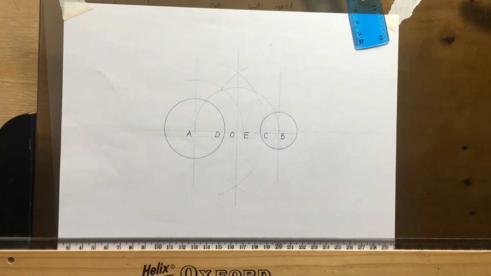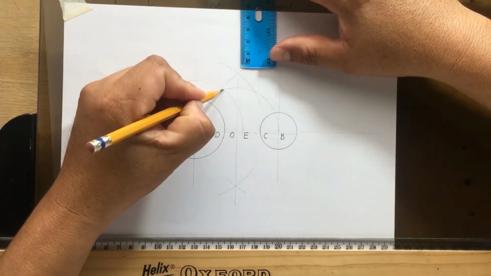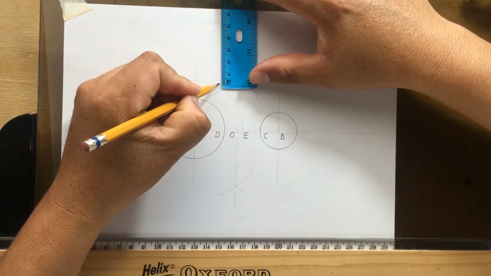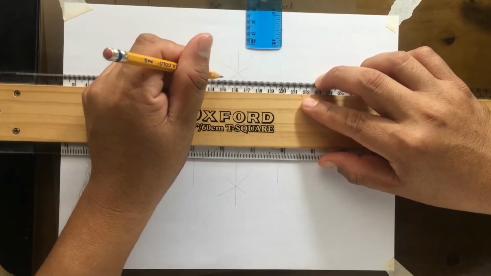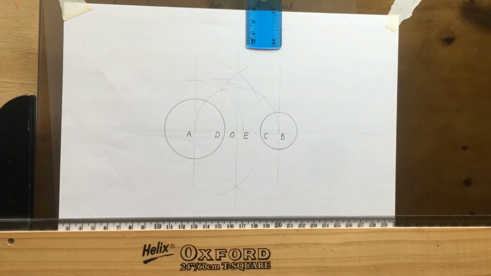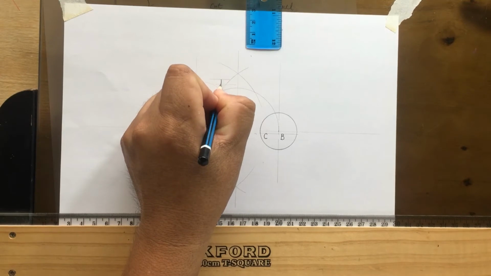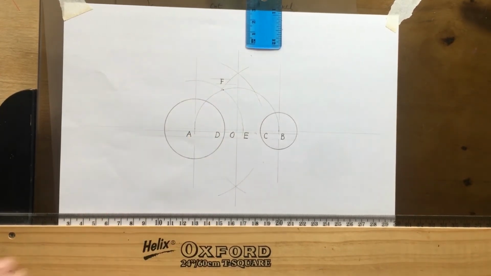Like that. That would give me a new point of reference here to the top. I want to give a name to that. Use guidelines. That is F. I want to place a dot so that you don't get mistaken. Okay, F.